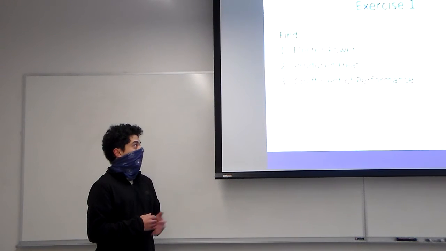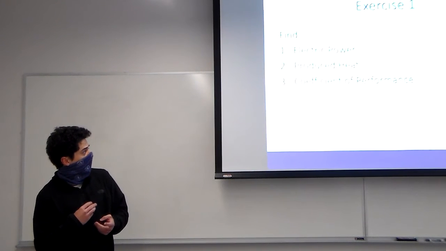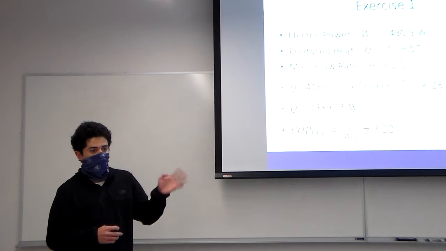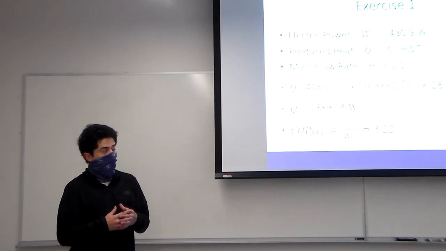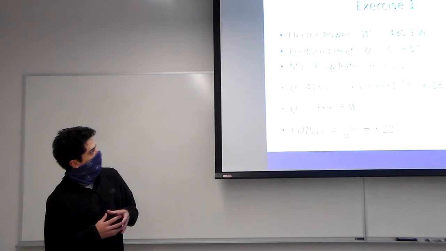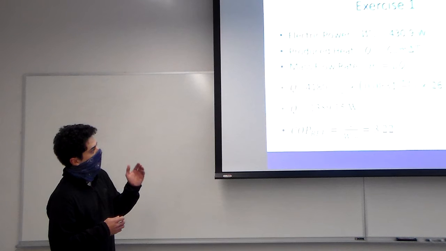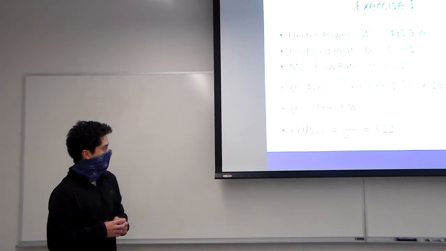And for exercise 1, we had to calculate the electric power, the heat we produced, and the coefficient of performance. And the electric power, which is the number that the machine gave us, ended up being 430.9 watts. The produced heat was, that's the equation for it, and the mass flow rate is density times the volume flow rate. Don't confuse that with the heat.